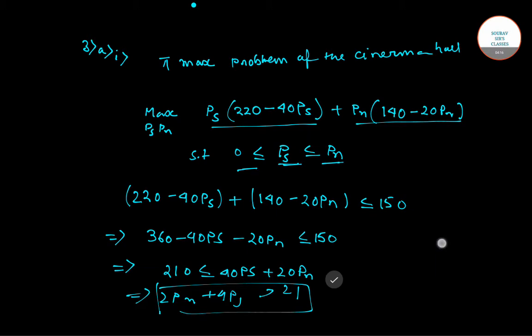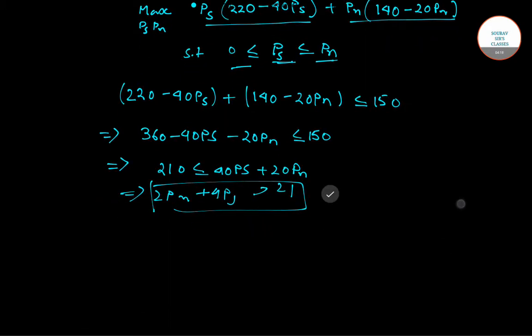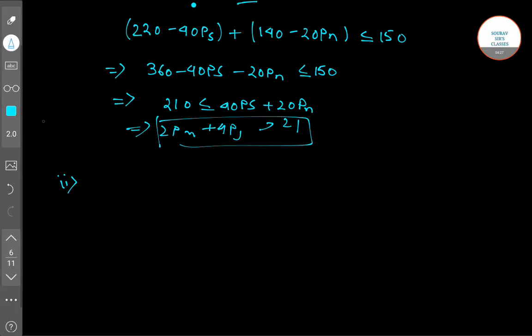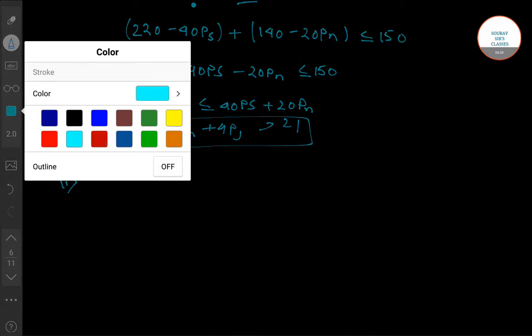Now what do we have to do? If the preference swap takes place, what will be the profit maximization? Now we will solve number 2. In number 2 there will be a small change.